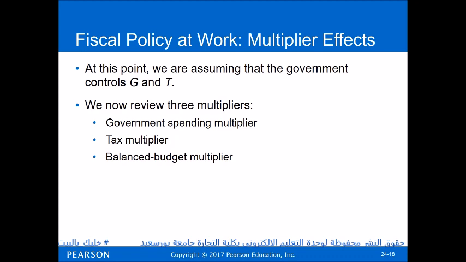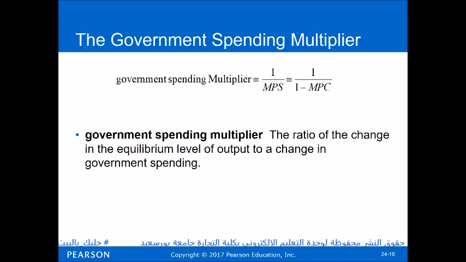Now we will review three multipliers related to fiscal policy, or taxes and government spending. The first is the government spending multiplier, the second is the tax multiplier, and the third is the balanced budget multiplier. The government spending multiplier.